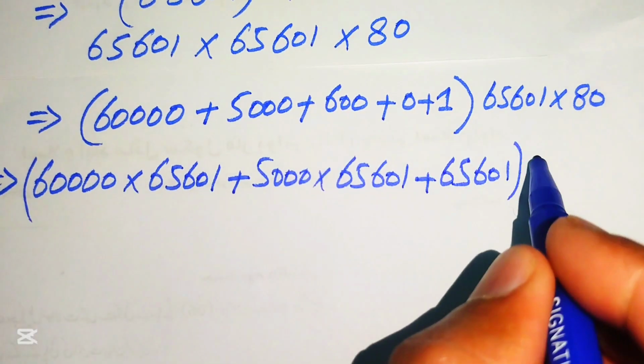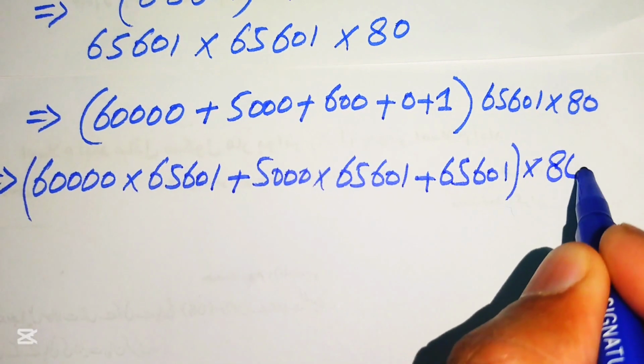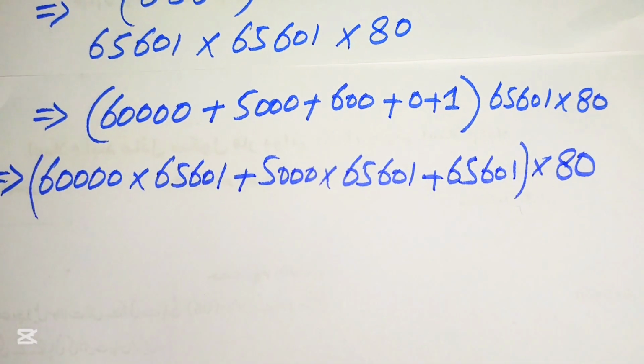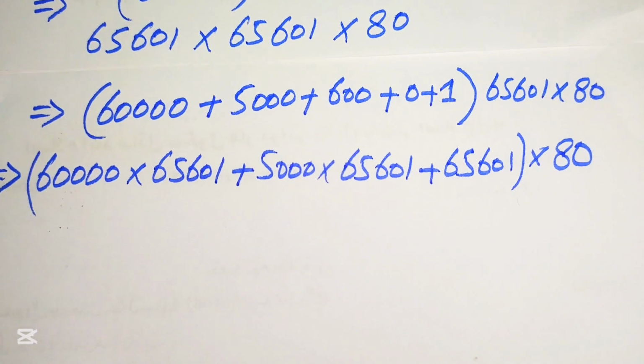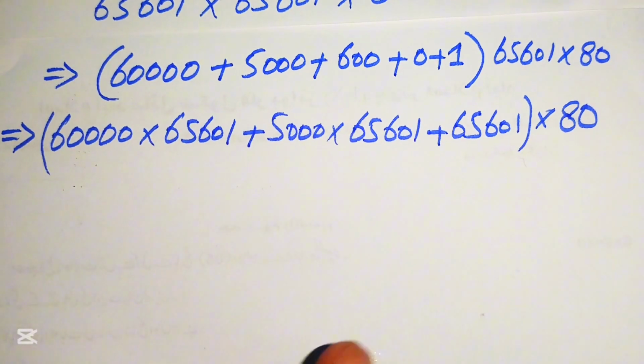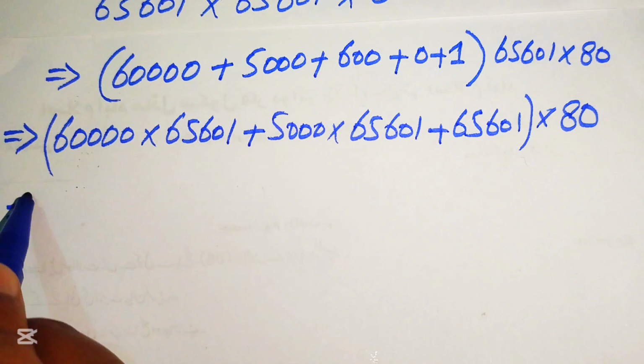And after that we just multiply our result with 80. So here we just do the mental multiplication. We can do this multiplication in our head.